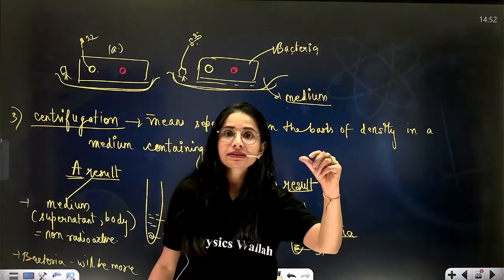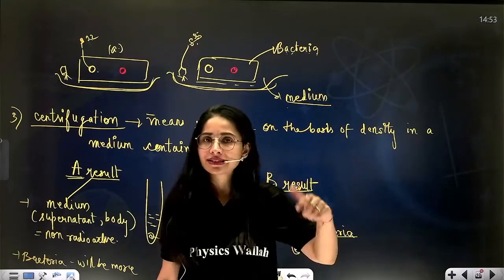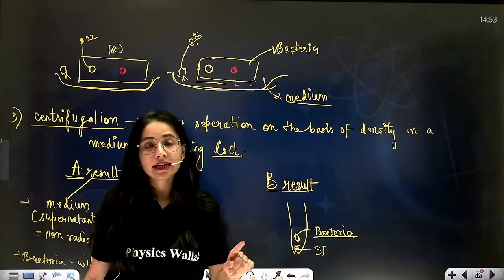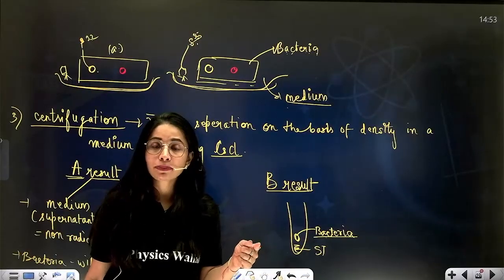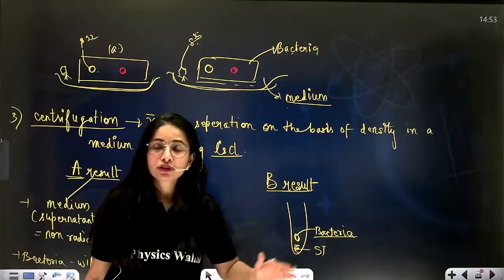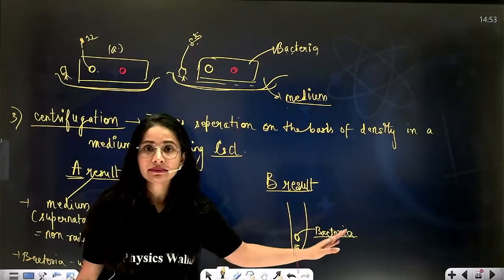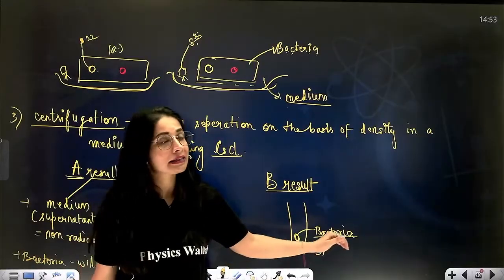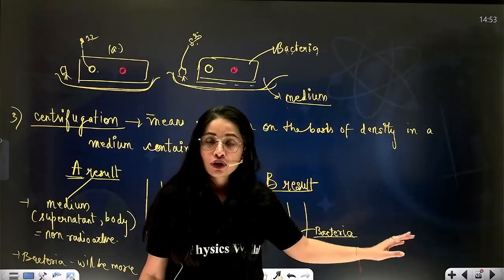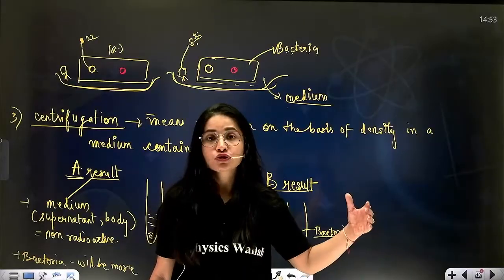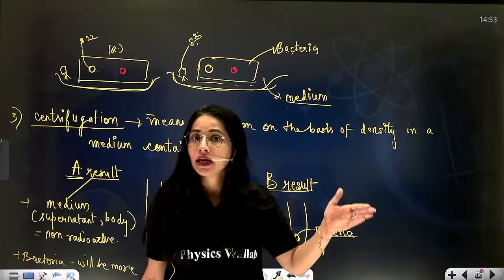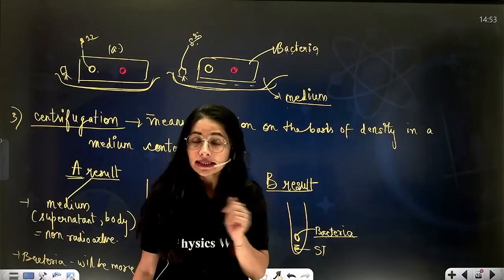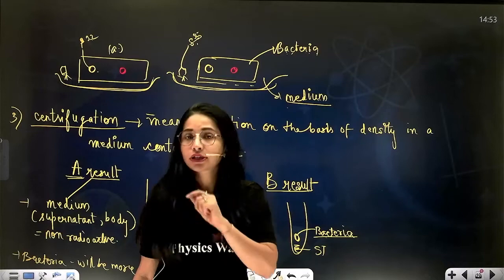So the supernatant is light, but where radioactivity is present, that portion becomes heavy. Now, what happened in the B case? In case of B, the radioactivity was present in the body, which is protein, which remains in the supernatant, and the genetic material, which is DNA, is free from radioactivity and enters inside the bacteria. So the bacteria becomes lighter in weight, but the supernatant having the radioactivity becomes heavier, so it settles down in the test tube after centrifugation.